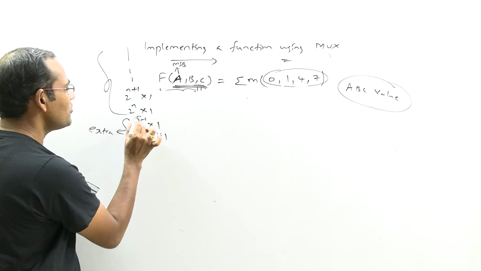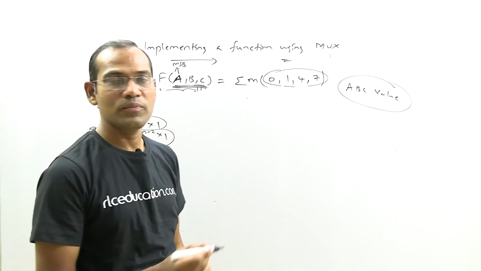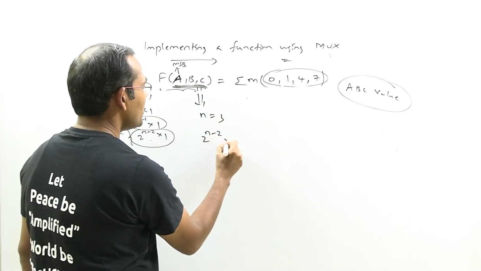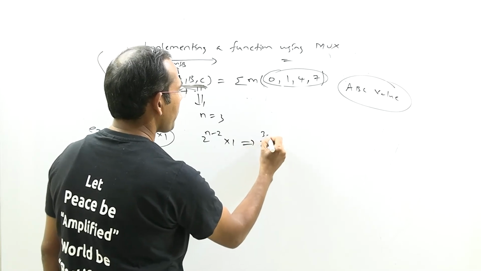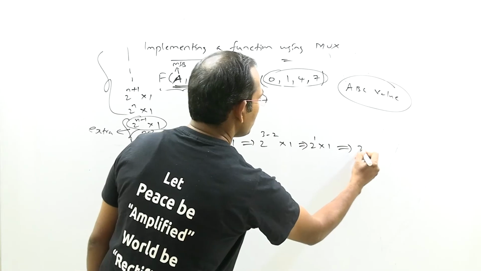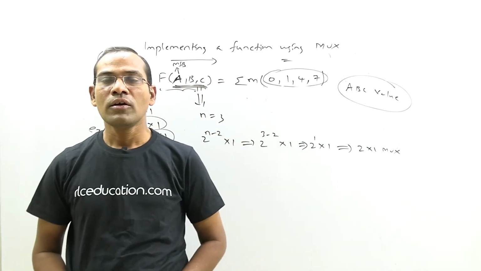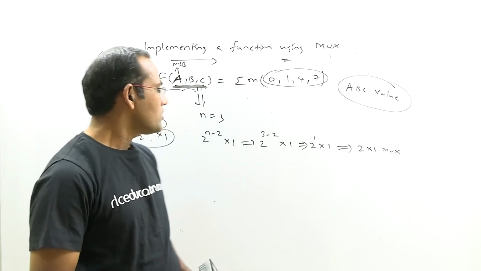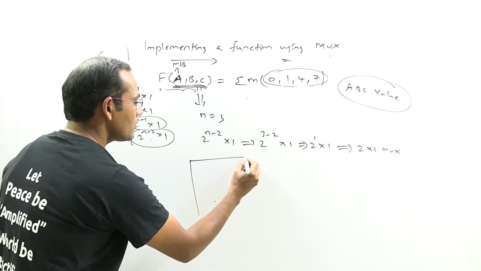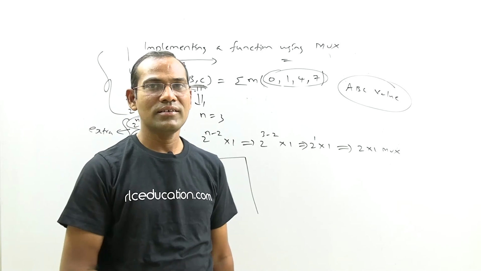Now I implemented by using this one. Now I implement by using this one, 2 power n minus 2. Here n is 3. So 2 power n minus 2 by 1 means, in this case, a 2 by 1 mux. So here the procedure is similar to the previous procedure.